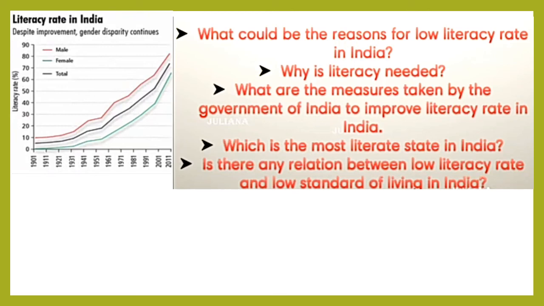The next question we have is, what are the measures taken by the Government of India to improve the literacy rate in India? Children, we have public schools which give us free and compulsory education. We have even some private schools which are aided schools, providing free and compulsory education.